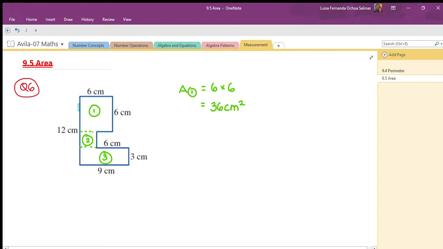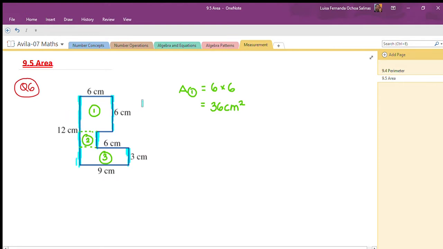So this side of this shape is 12. I know that this side is 6 and this one is 3. Therefore, 6 plus 3 is going to be 9. Therefore, this one that I'm shading here has to be 3 centimeters because it has to be equal to this 12 that I have here.